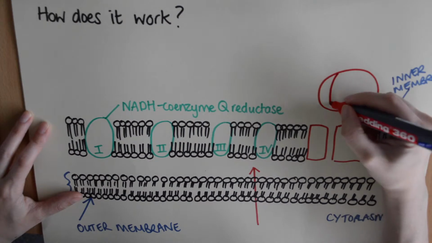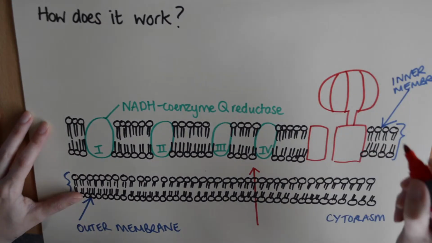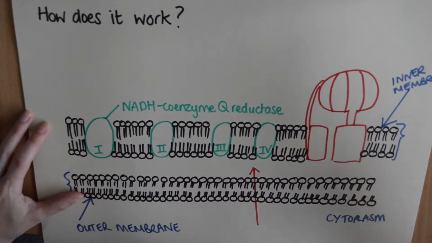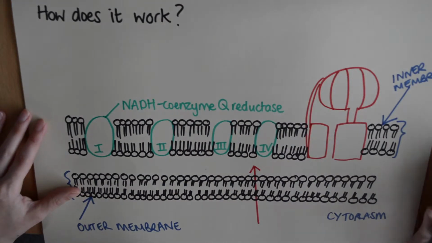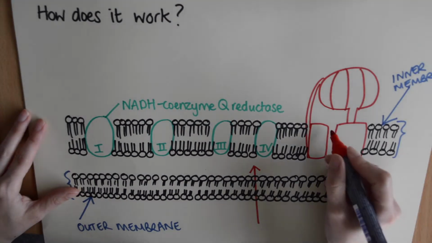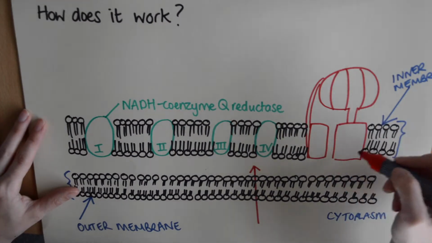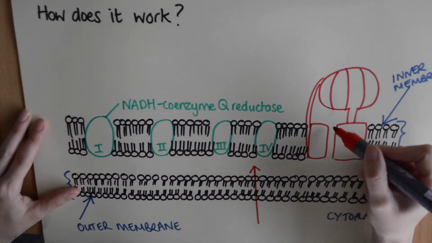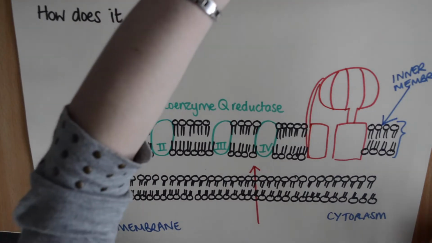I'm not very artistic, so you'll just have to go with that. So there you go, that is the ATP synthase molecule. And here you can see, very important, I've drawn a channel, which is associated with that stalked particle, through which hydrogen ions or protons can move.